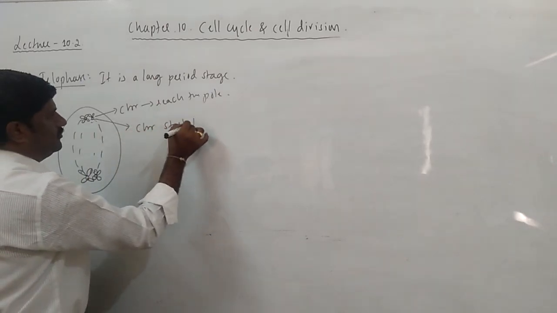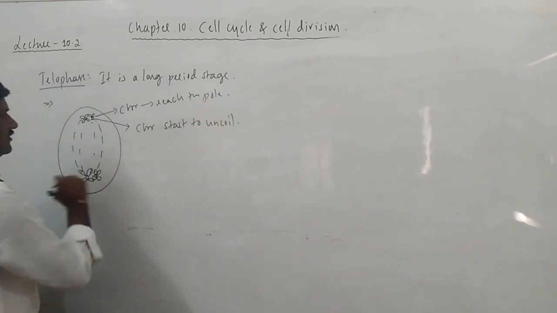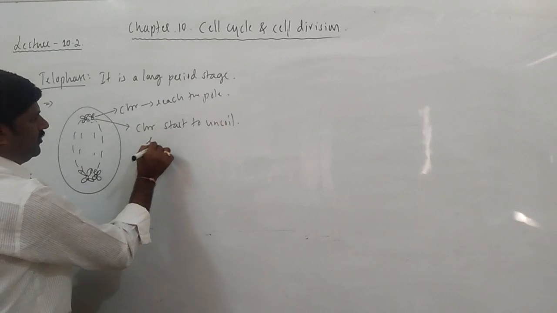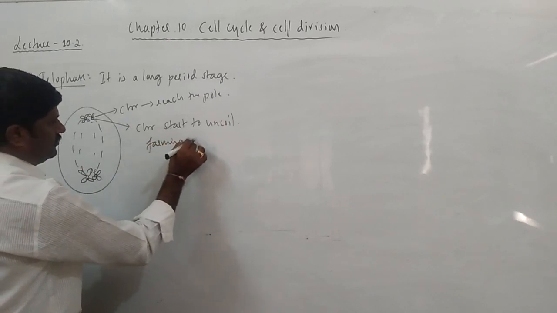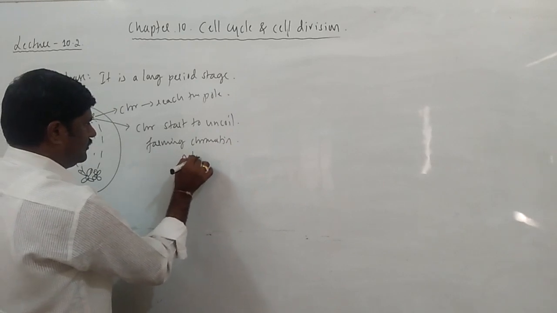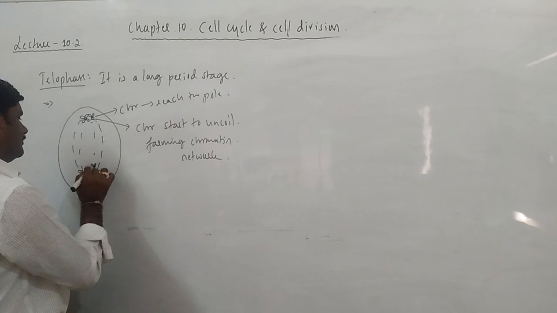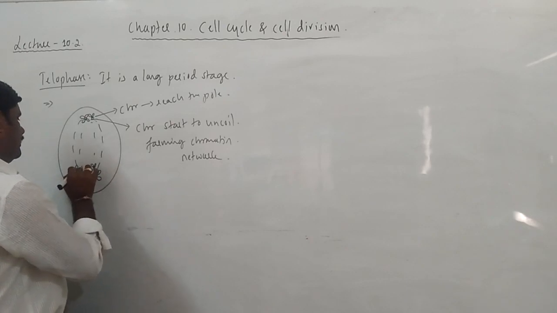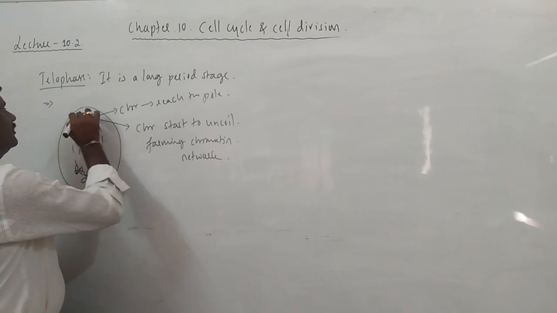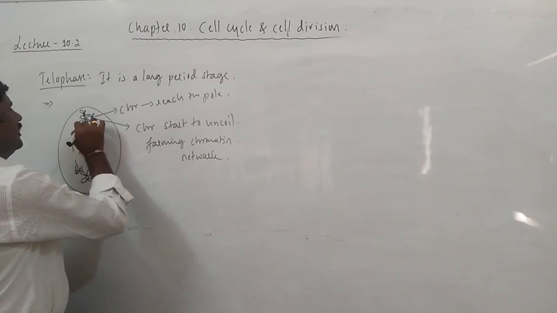Chromosomes start to uncoil themselves, forming the chromatin network. These are all the chromosomes present at the polar sites.